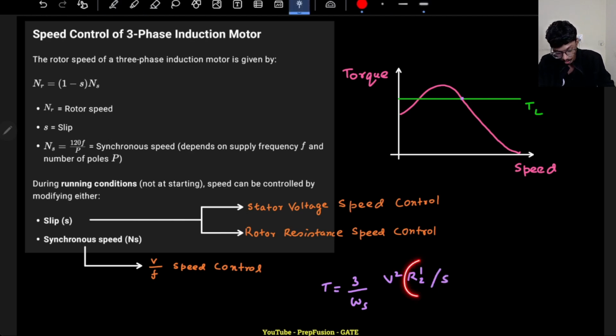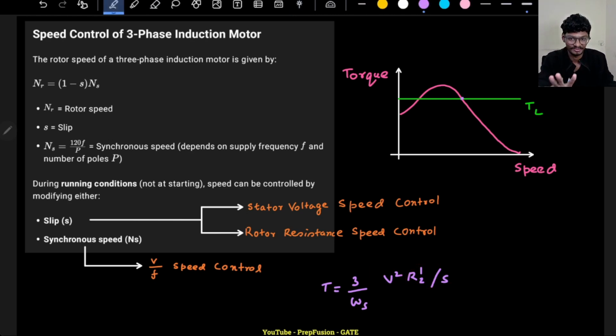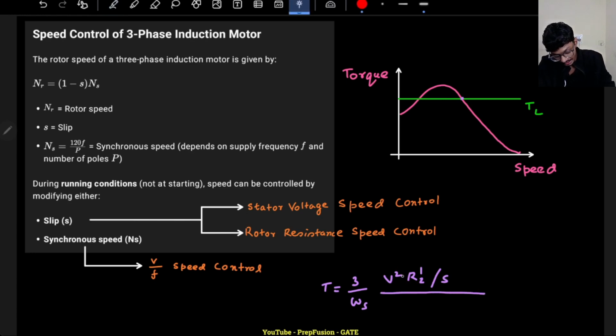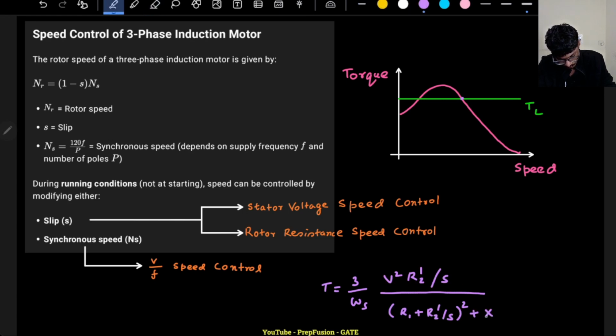This is the air gap power that I'm seeing, right? I'm directly writing it in terms of the voltage. I could have written it as I square into R2 dash divided by s. What is I? I is V divided by the impedance, that is the square root of (R1 plus R2 dash by s) whole square plus (X1 plus X2 dash) whole square.